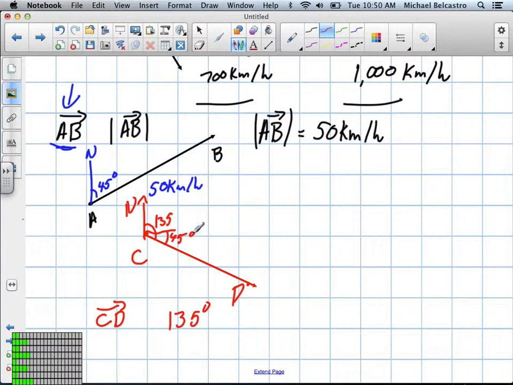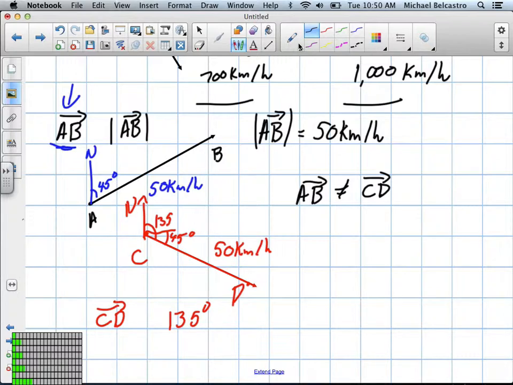Yeah? Okay. So this is on a bearing of 135, but it is also going, let's say, 50 kilometers an hour. So we know that vector AB does not equal vector CD. These are not the same. They're going very different directions.